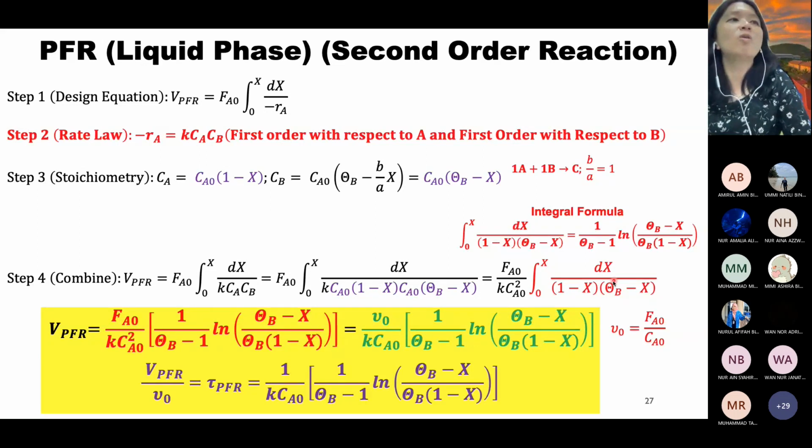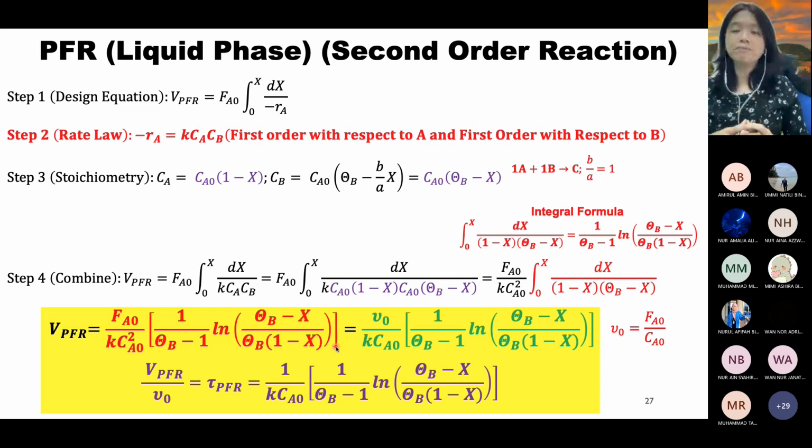Right? Okay, so now when I combine all these, I get volume PFR equals FA0 per k CA0 squared in bracket 1 per theta B minus 1 ln theta B minus X per theta B times 1 minus X, close bracket.